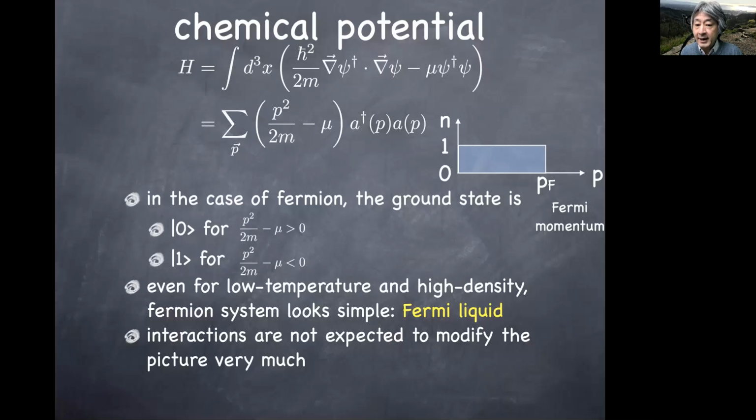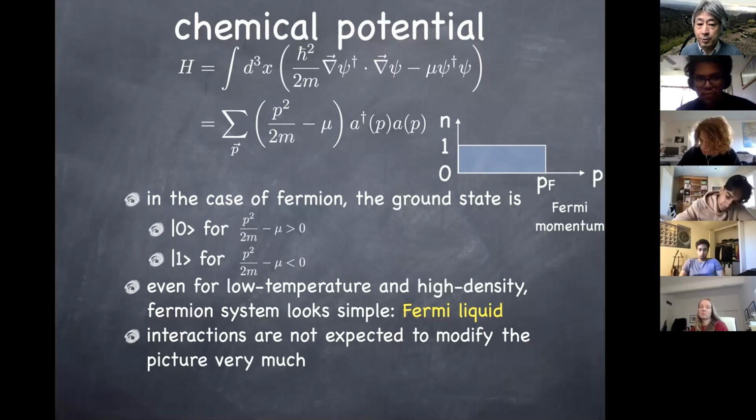You can still apply this idea of Fermi liquid, and that's how we can get a pretty simple description of condensed matter physics, even though you are facing what looks like an insurmountable problem of dealing with a 6 times 10 to the 23 multi-particle system. But using this idea of Fermi liquid, it actually turns out to be fairly simple. And so this is sort of a conceptual point. I'm sure you've got questions, so let me pause here and see if you have questions about this.